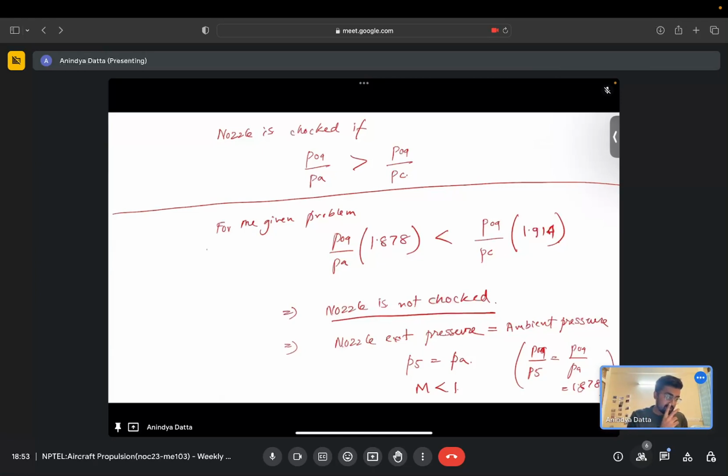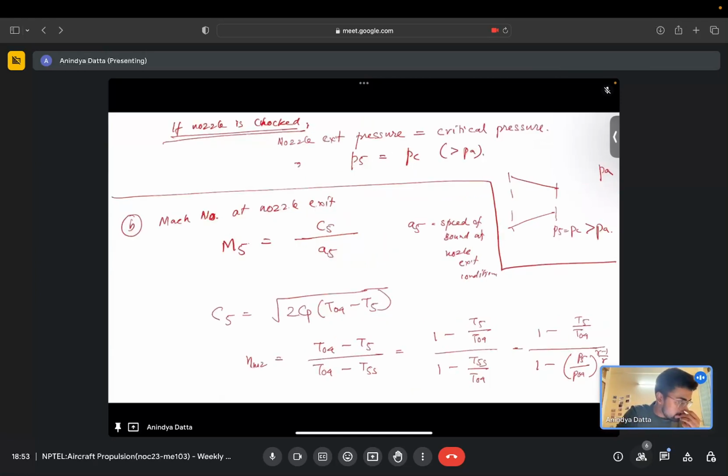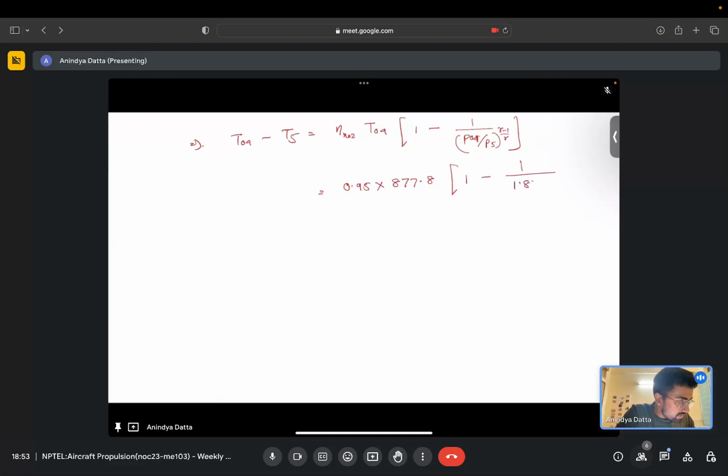This will be the pressure ratio across the nozzle. So 1.878 to the power 0.333 divided by 1.333, okay, gamma is 1.333.